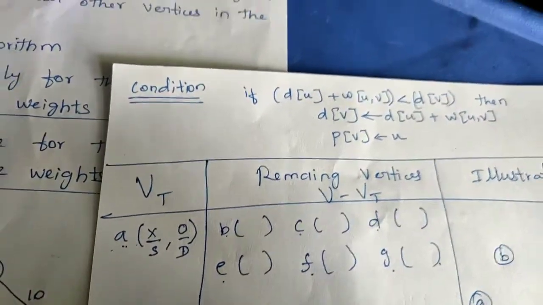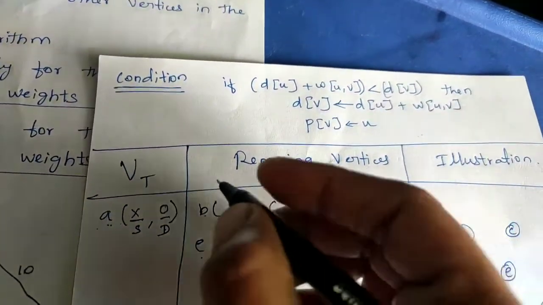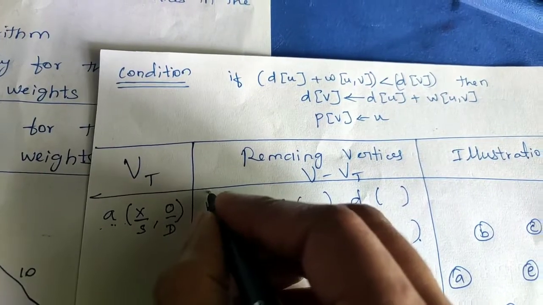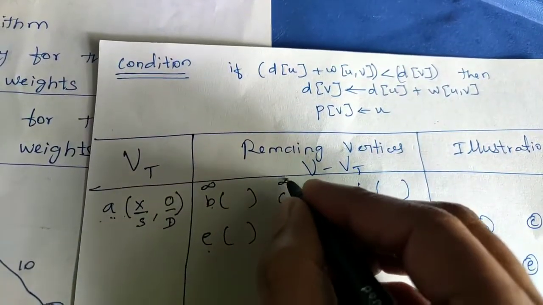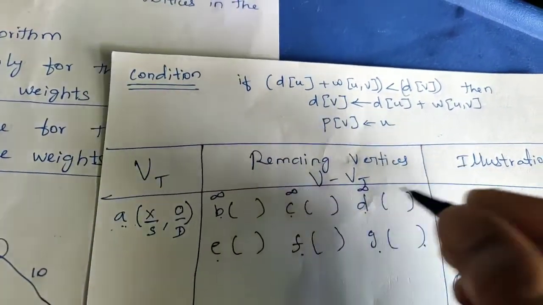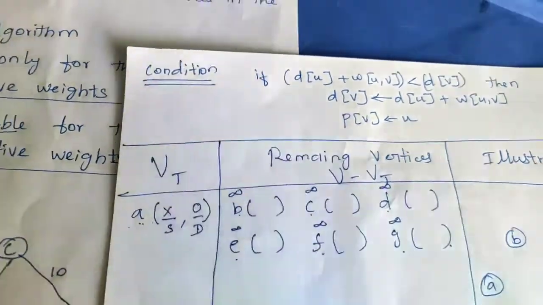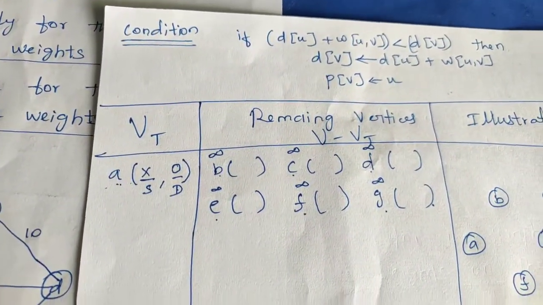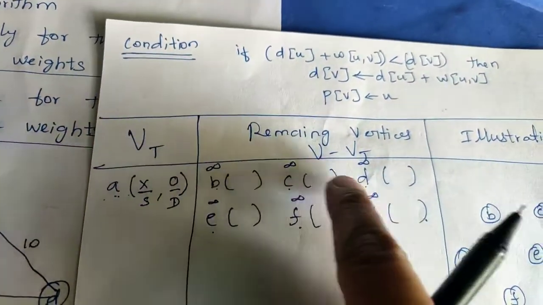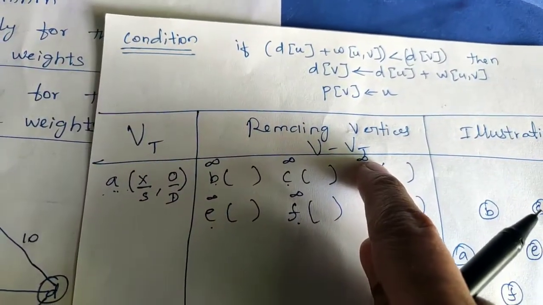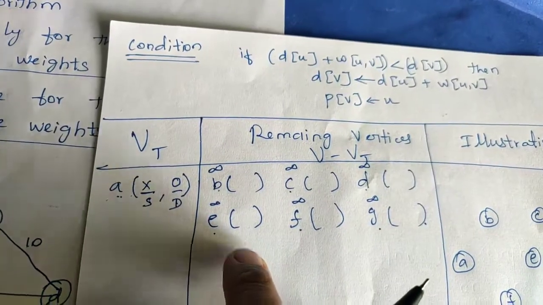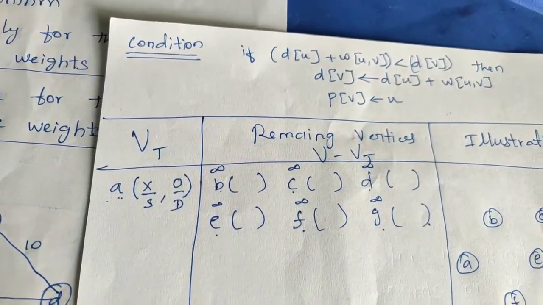Before that, initialize the distance of all the vertices with infinity, before processing any of the vertices.